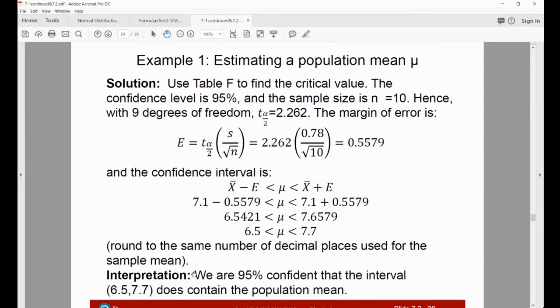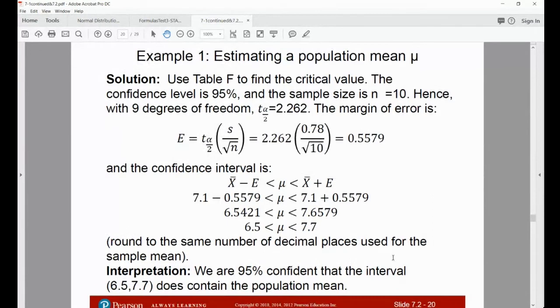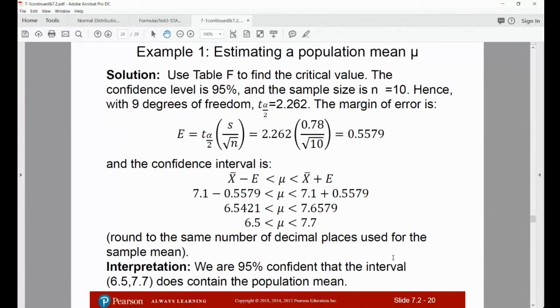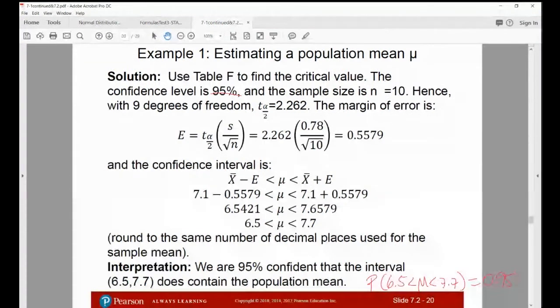And we can interpret by saying that we are 95% confident that the interval from 6.5 to 7.7 does contain the population mean. You can also say that the probability that the mean is between 6.5 and 7.7 is 0.95. Because the confidence level is 95%, the probability will be 0.95.